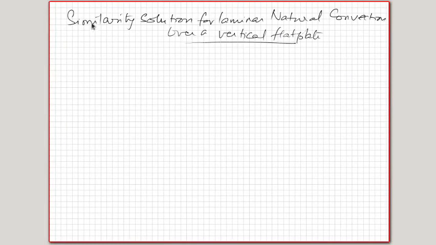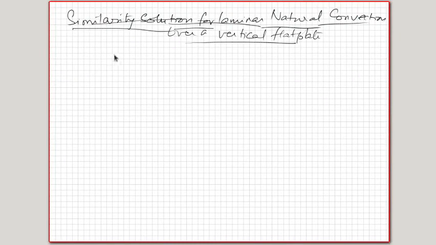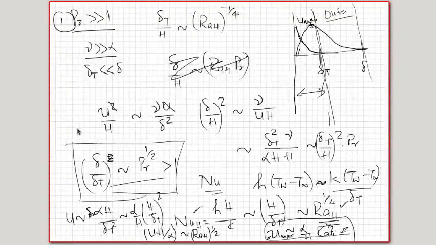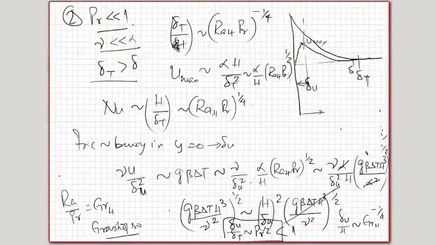So the title of this topic itself is quite long. Laminar natural convection over a vertical flat plate, and we are looking at the similarity solution. So we know that in the order of magnitude analysis, we looked at delta by H, delta T by H goes as RaH to the power of minus 1 by 4. In both cases, delta T by H here also goes as RaH to the power of minus 1 by 4.